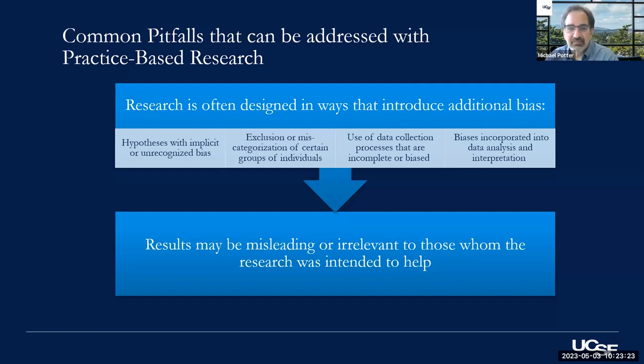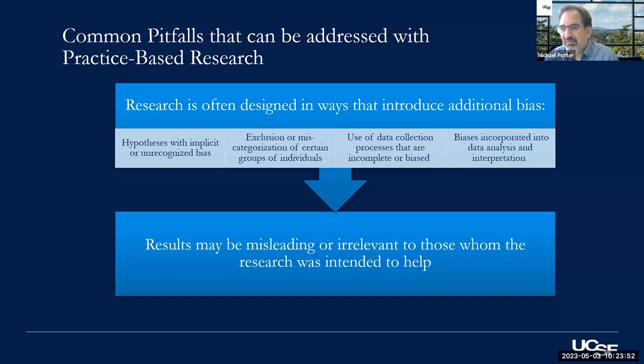Make sure that the data collection processes that are being used are not going to lead to incomplete or biased results. For example, if you're doing an electronic data collection approach where most of the patients in the community don't have access to the kinds of tools that you're going to use to do outreach, the clinical teams can tell you that this is not going to work for our patients.